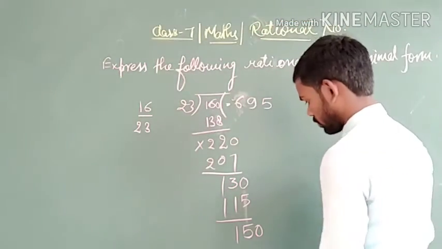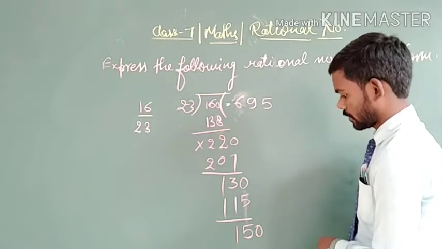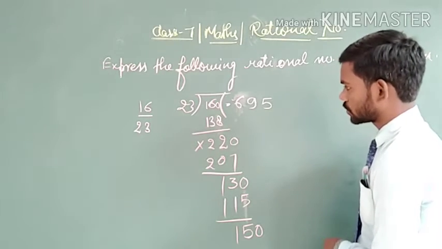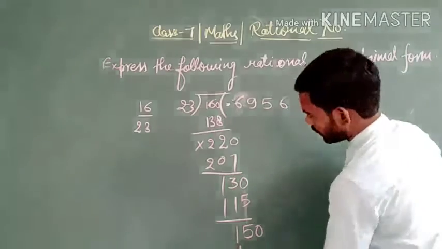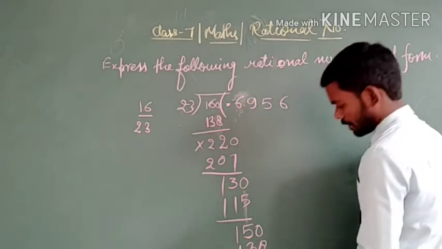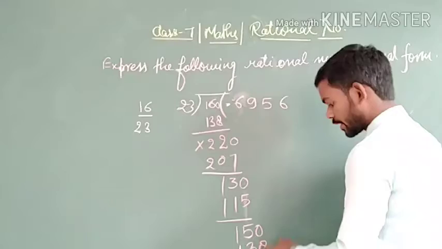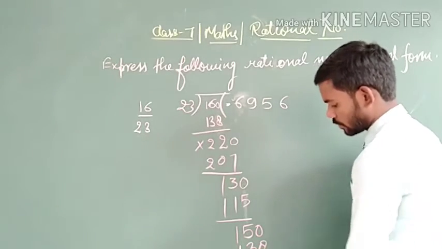Now here we can see that it will go 6 times again, so here we get 138, and hence we get 10 minus 8, 2, and 4 minus 3, 1.